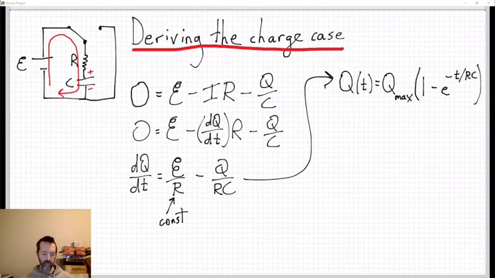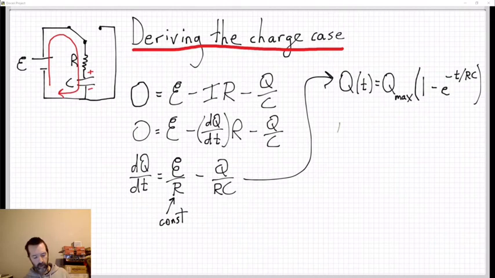But it would still be useful to be familiar with it. The decay function is easy to think about. It's just e to the negative x, essentially. But the growth function is 1 minus e to the negative x instead. So that's Q of t.